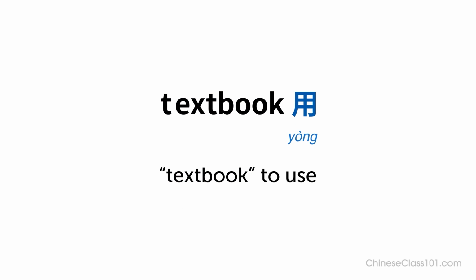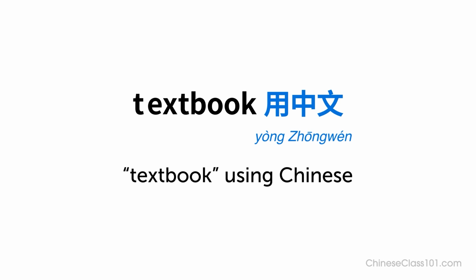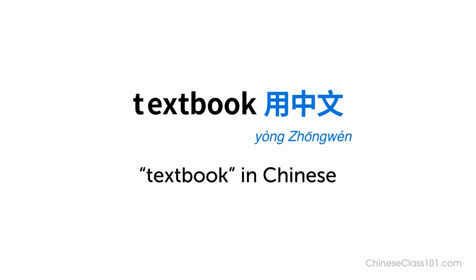Next is 用, to use. After that is 中文, Chinese, as in the Chinese language or writing. Together, 用中文, using Chinese, or, in more natural English, in Chinese.